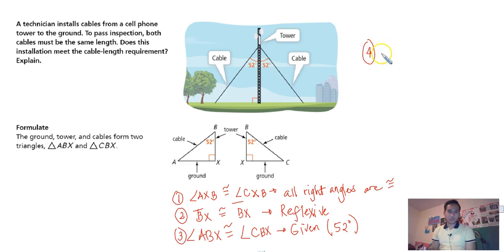Number 4, we could now say that your triangle ABX is congruent to triangle CBX. What is the reason for this one? It's because of angle side angle, so ASA.